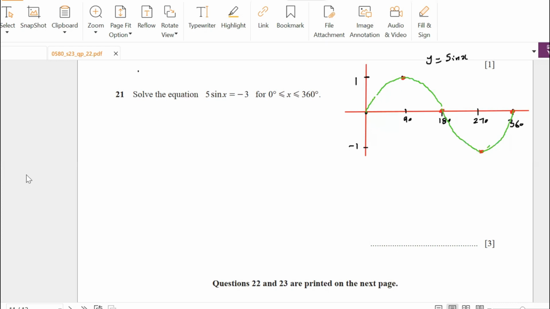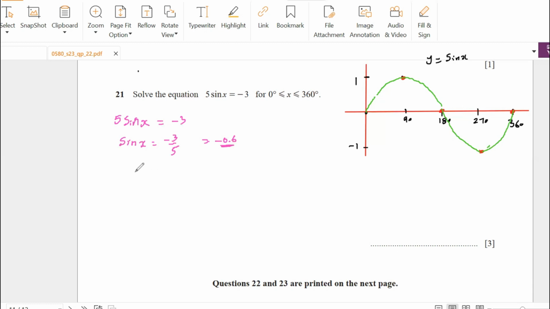So if I try to simplify this question, 5 sine of x is equal to minus 3. So sine of x is equal to minus 3 over 5. Remember that minus 3 over 5 gives me minus 0.6. That will help you also later on.